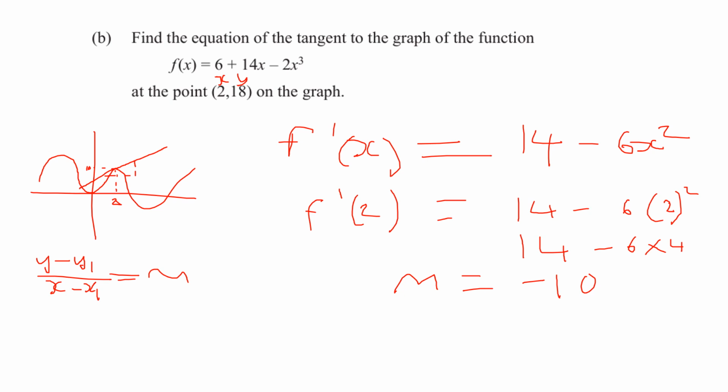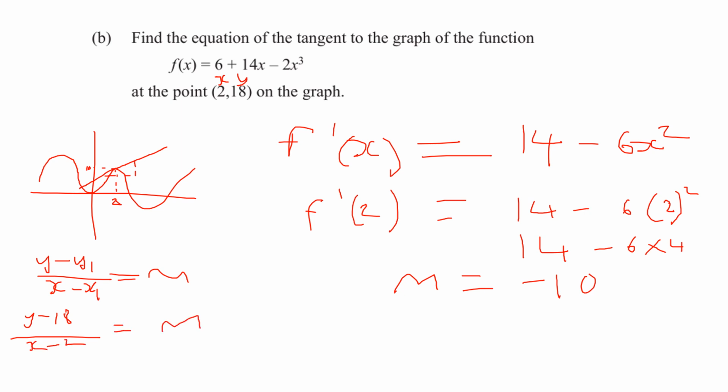We already know what y1 and x1 are from here, so we can use that as y1 and x1, and then we can have our gradient function. So I'll simply substitute to find my equation. We can say (y minus 18) over (x minus 2) is equal to m.